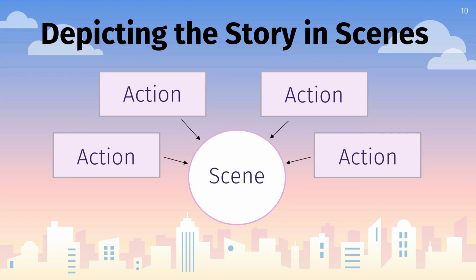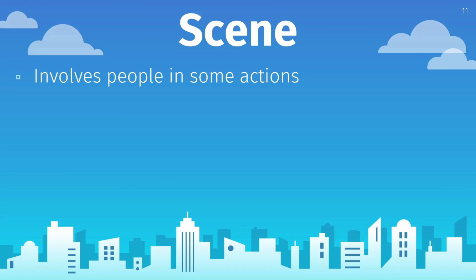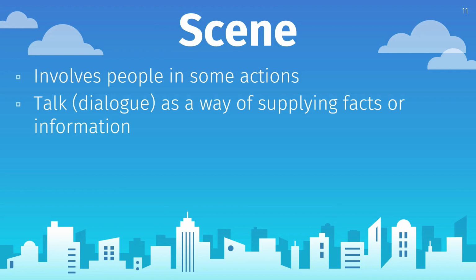And also, I want you to take note that scenes involve people in some actions. These people talk, which is in turn what we call dialogue, which is a way of supplying facts or information to us, the readers, or even the viewers.